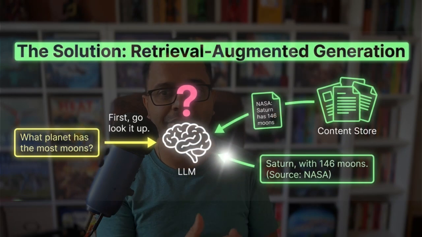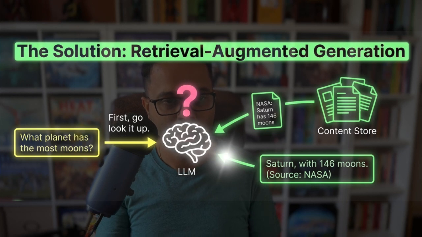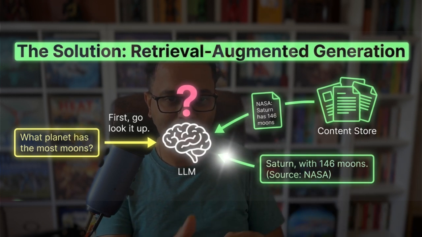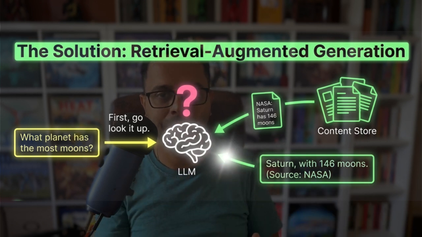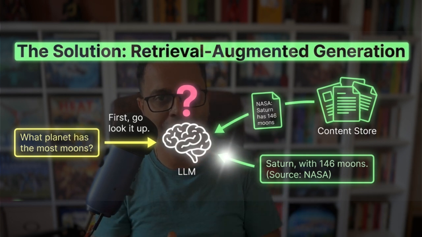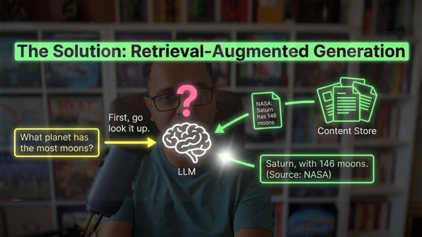What is the solution then? The solution is the creation of a knowledge boundary, and the technique we call retrieval augmented generation. So if you look at the same question right now and imagine a scenario like this: what planet has the most moons? If there is a way I can say, hey LLM, first you go and look it up, right? I have some document storage for you, or I have given you this capability of doing Google search.